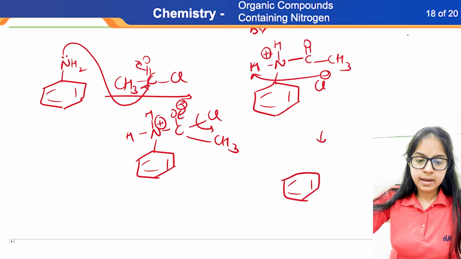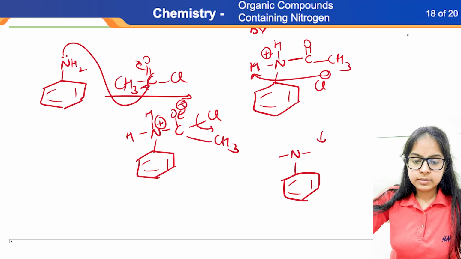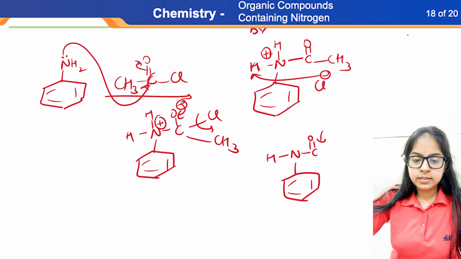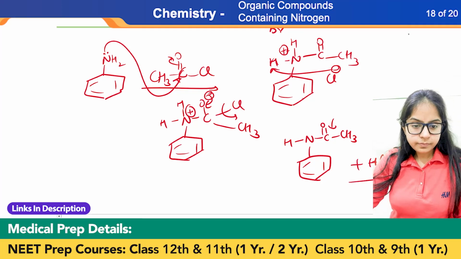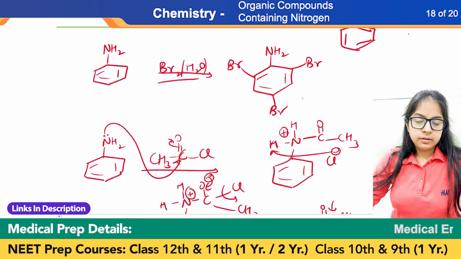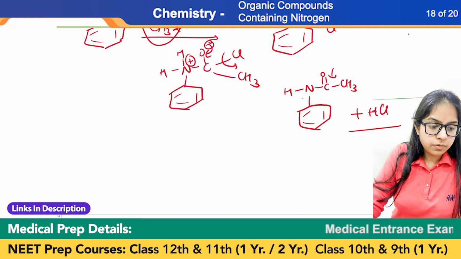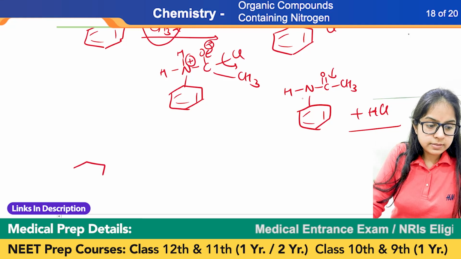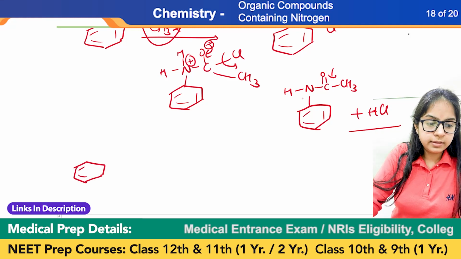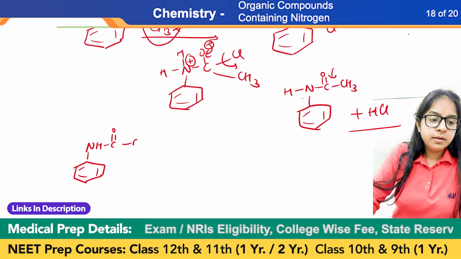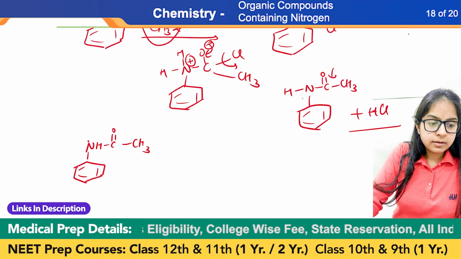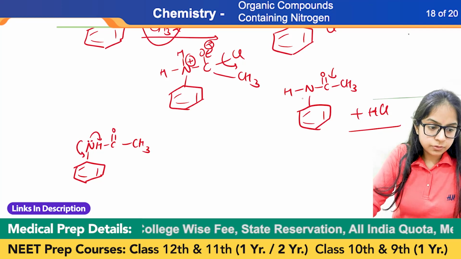You will have NHCOCH3 plus HCl. Okay. So now this compound is somewhat less nucleophilic than the other one. Why? Because of this cross conjugation of the electron.